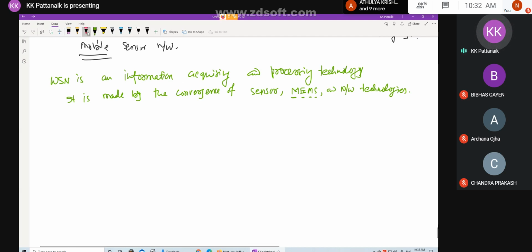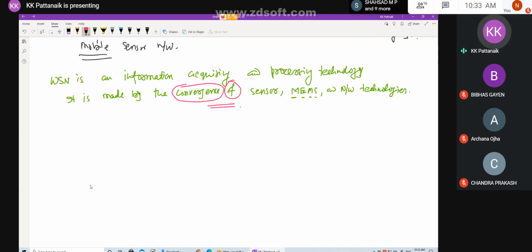Remember this very important word: convergence. It is not a single technology. It is a convergence of technologies. The sensing technology, the micro electromechanical systems technology, and the network technologies.